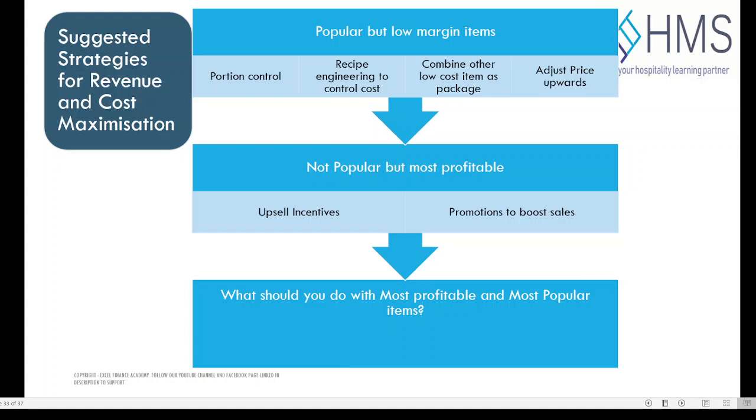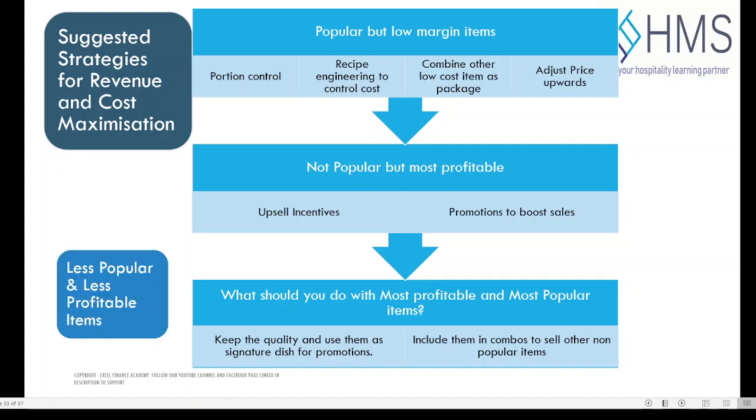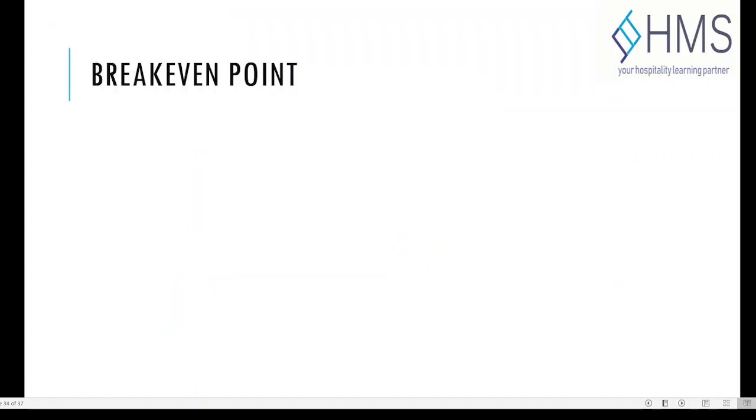For the most profitable and most popular items, we keep the quality and use them as a signature dish for more promotion, so that more sales are included. Then combine them with packages of other non-popular items, so that the guests accept the non-popular items together with the more popular items. Less popular items, just remove them from the system.